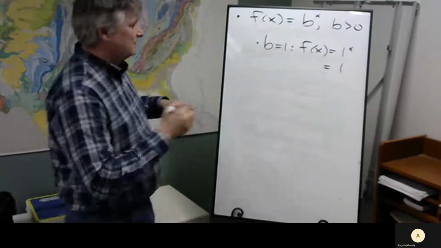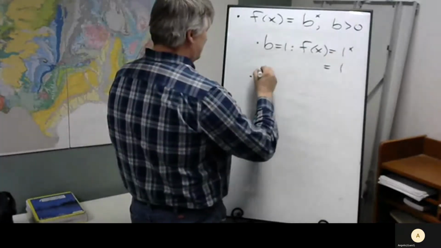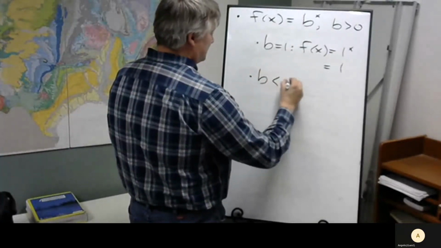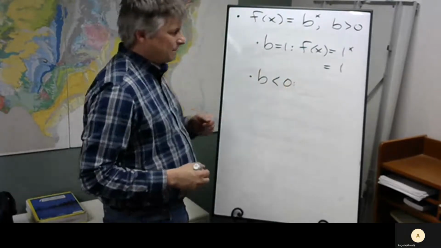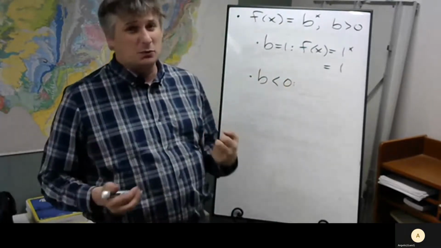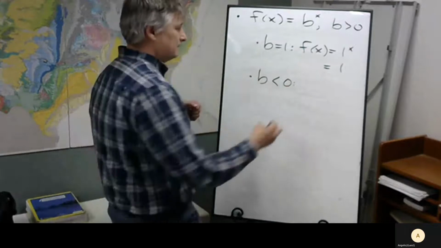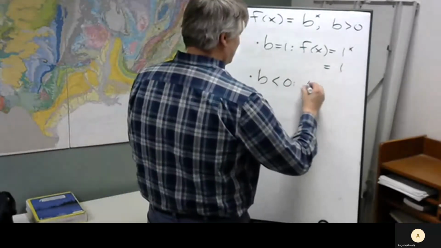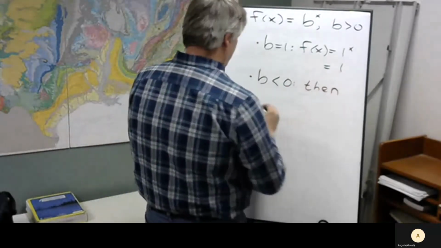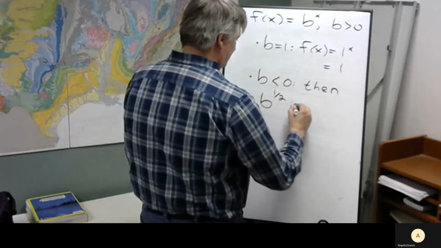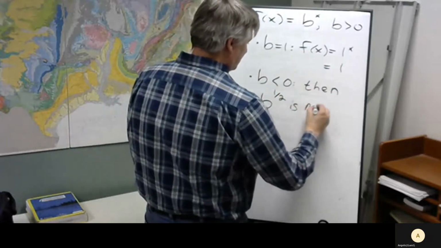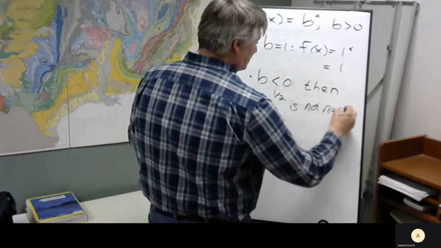Finally, if b is less than 0, what happens here is we could get an even root, and we'll say it's not a real number.